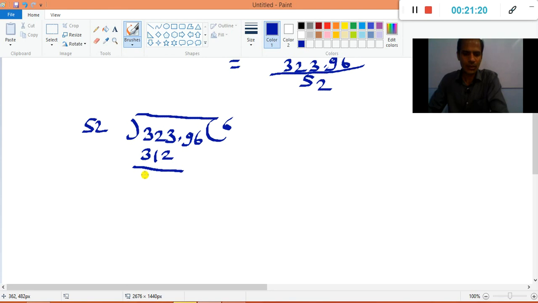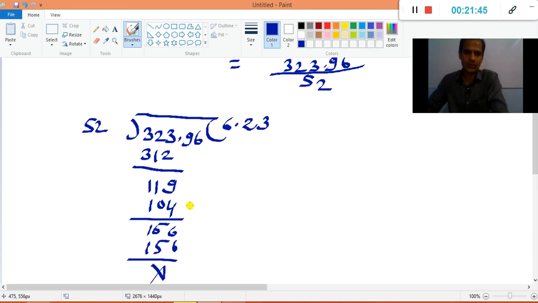Okay, after subtraction we have 11. Copy this 9. Now we have copied this 9 and it is a decimal place here before 9. So put the decimal place over here. Now 52 2 ja 104 and subtracting it we get 15. Copy the last digit, that is 6, and it is 52 3 ja 156. The remainder is 0.